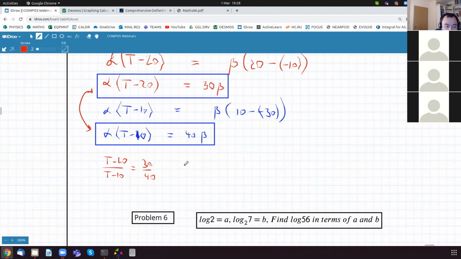And solving that, this cancels by 10, so we get 40T minus 80 equals 3T minus 30. T is equal to 50 degrees Celsius.